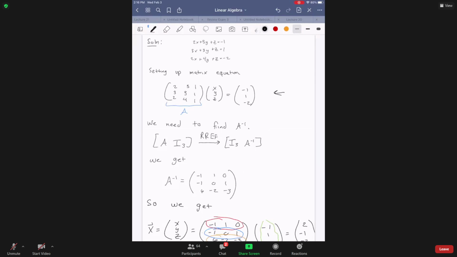Right. So good. So now we have another way to solve matrix equations, right? So we have RREF. We have now this way if A is invertible, right? If it's not, then you can't. So this only works if you have a unique solution. It doesn't work if you have infinite solutions, right?